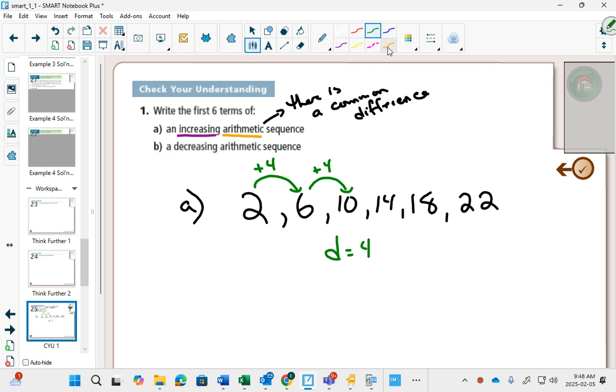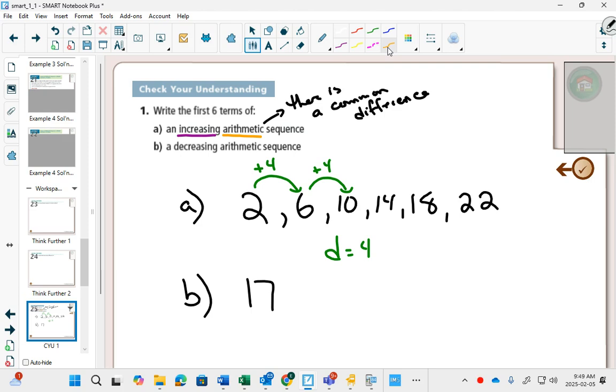In B, we want it decreasing. Destiny, pick a favorite number. 17. And now we're going to be going down by a certain amount.